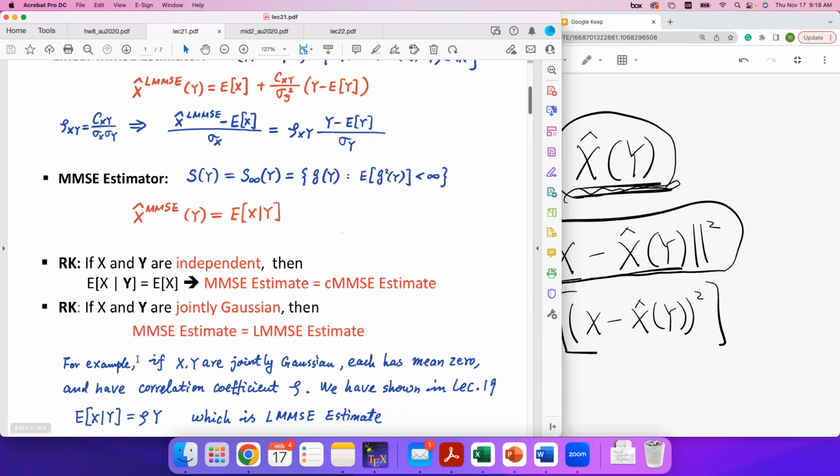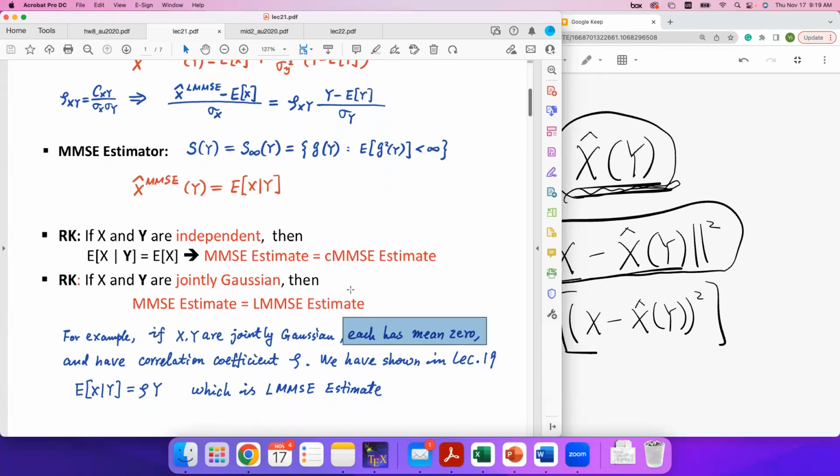We can see this from a very special case. Consider that they are jointly Gaussian, with zero mean and correlation coefficient rho, so that their joint PDF is given in the previous lectures, when we introduced joint Gaussian random variables.